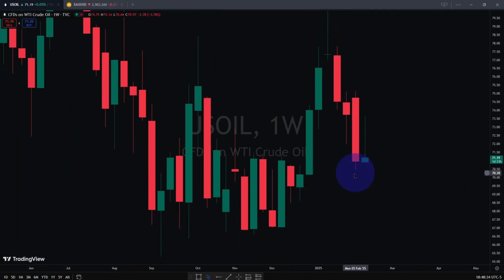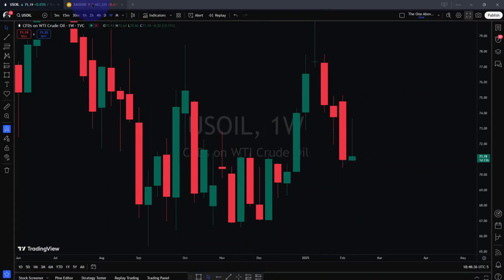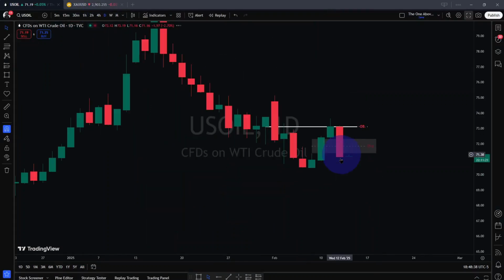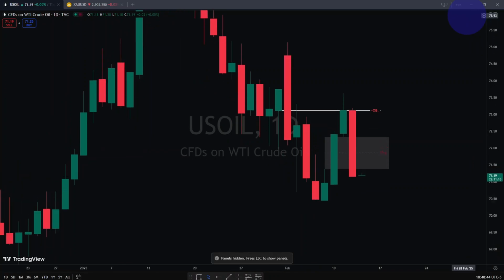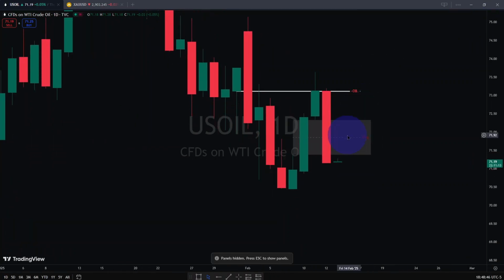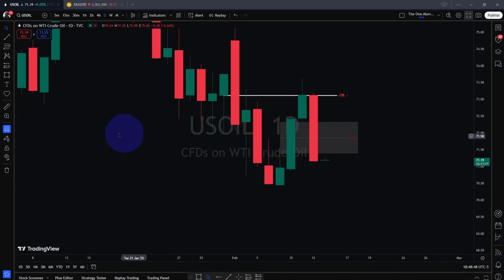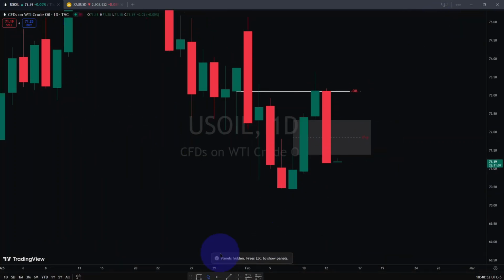So this is our draw on the crude. Our daily time frame target is here. This is what we are eyeballing first. I just started putting this one here.